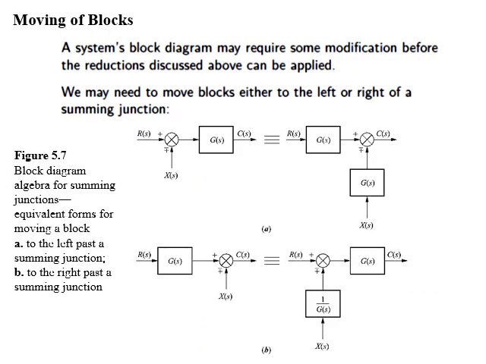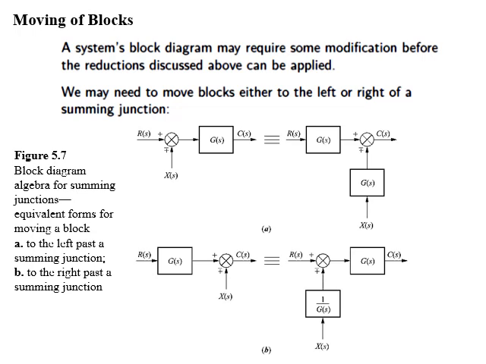Dear students, now we will study moving of blocks. For block reduction of a system, we have studied series form, parallel form, and feedback form. Sometimes subsystems are not arranged in series, parallel, or feedback form, and for reduction, we require to transform the given system into one of these forms.